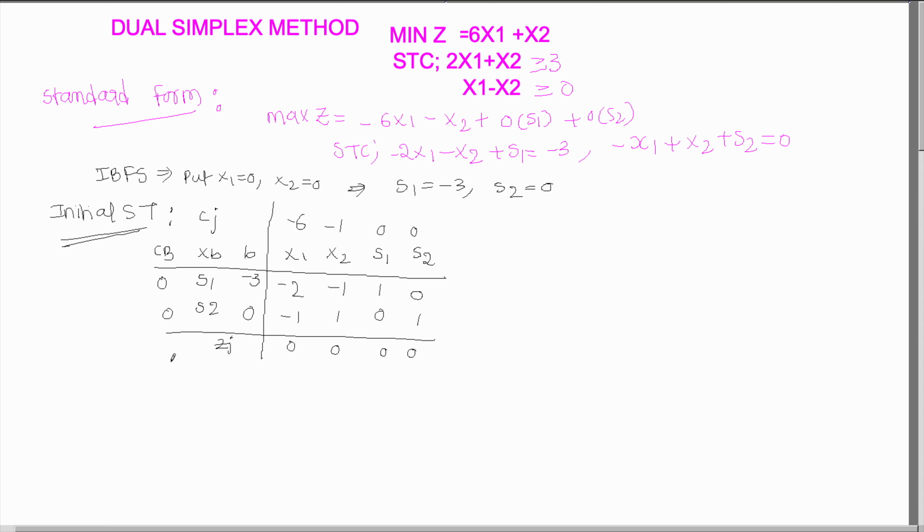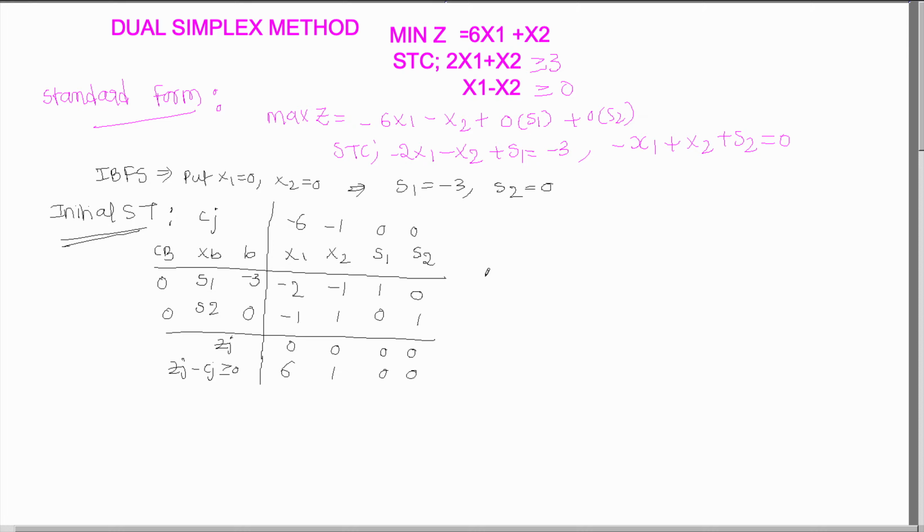For dual simplex, we find Zj minus Cj greater than or equal to 0. Here the Zj values: 0, minus 6 minus of minus 6 plus 6, minus of minus 1 plus 1, 0, 0.